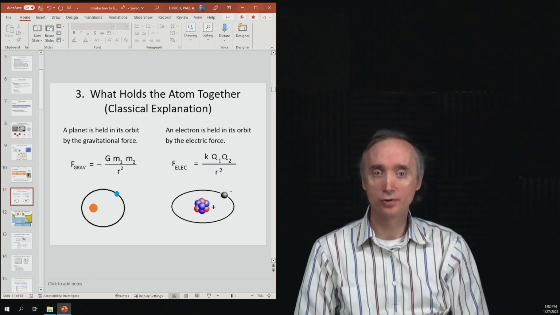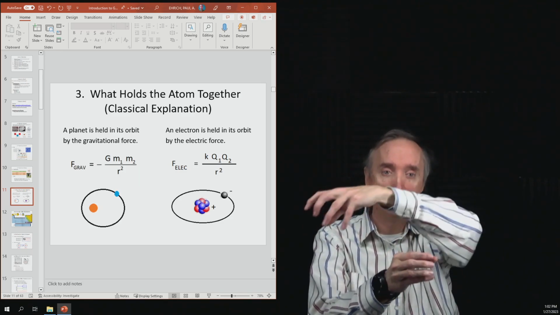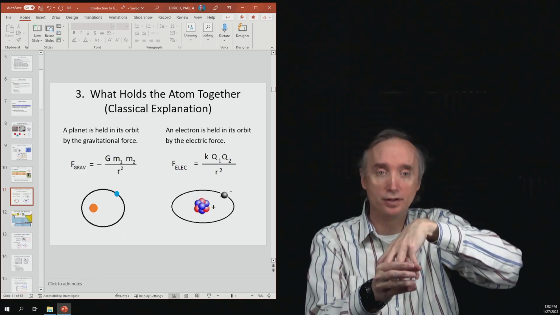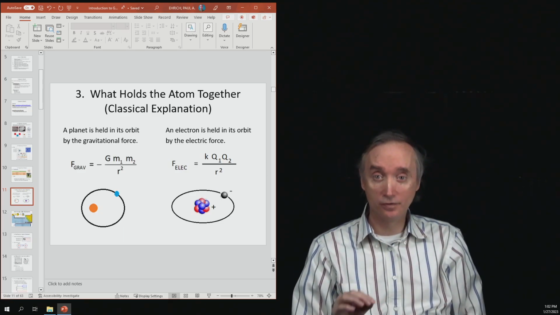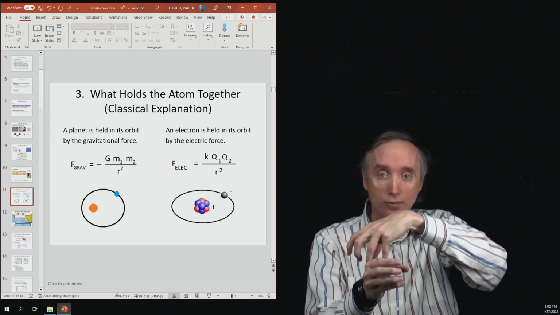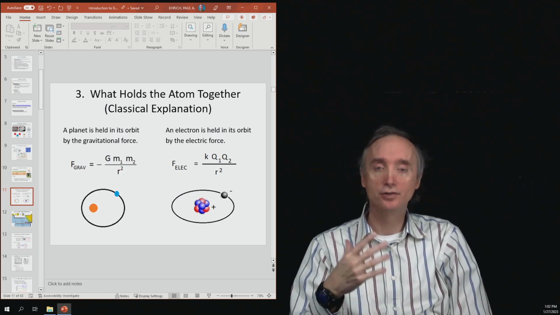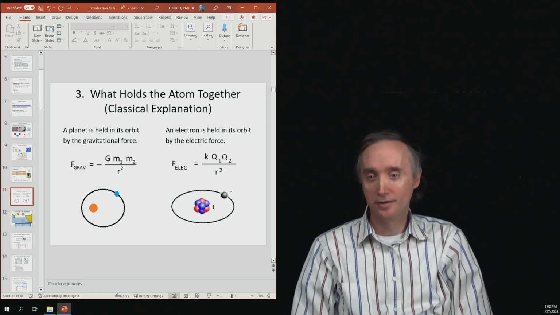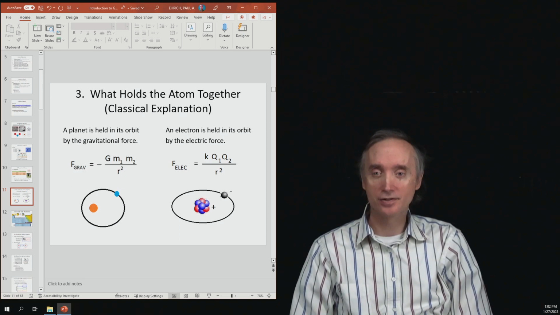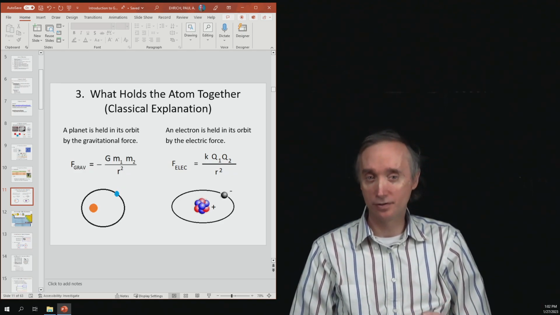So that force of electricity is going to keep the electron in orbit around the nucleus the same way that the force of gravity keeps a planet in orbit around the sun. Now, it's not quite true because this is using classical ideas. So remember, it's really a cloud that surrounds the nucleus, but the principle's the same.